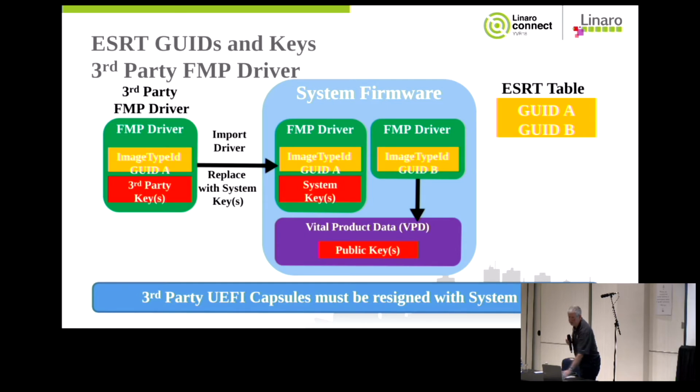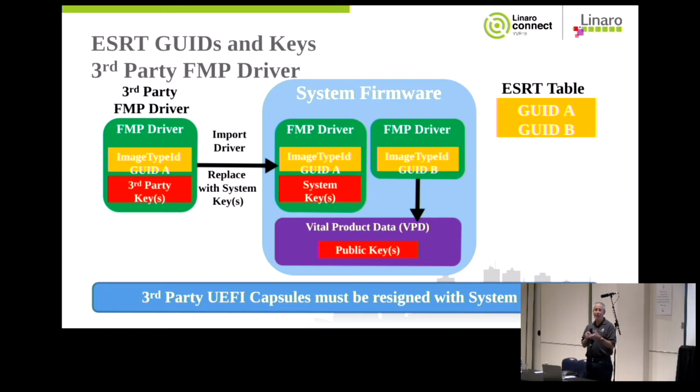Now when we get to third parties, here's an example where if you have a third-party vendor that's producing a device that has firmware on it that can be updated, they can produce a firmware driver, an FMP driver, that you can integrate into your system firmware as is. And one of the things you might want to do is actually replace the keys that are there from the third party with your system keys, because you don't want to allow the third party to produce a new capsule that automatically gets installed onto your platform without you doing some verification first.